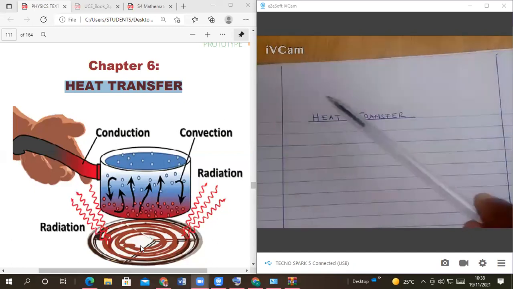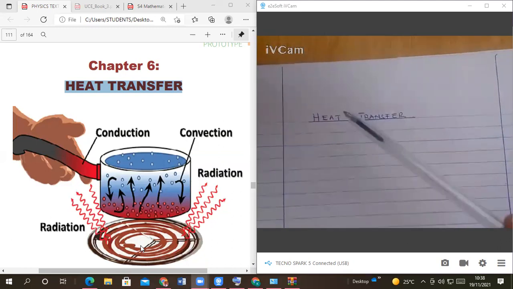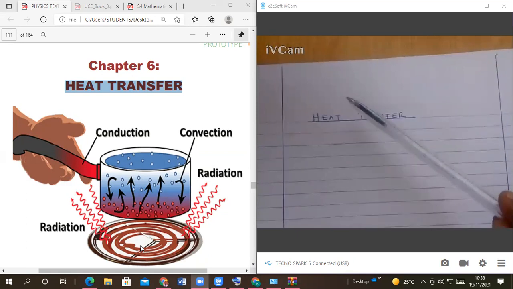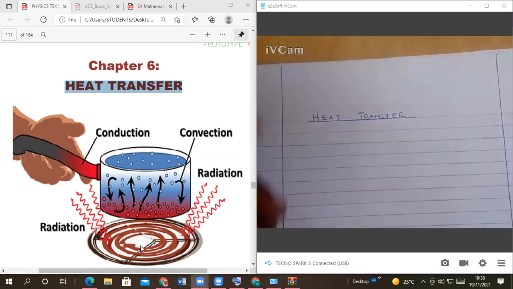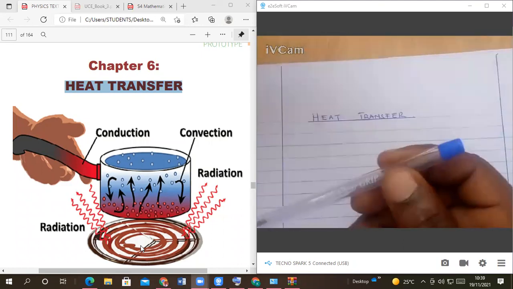Suppose it's a candle burning and you put a nail on the flame of the candle for some time, like 3 minutes, and then afterwards you remove it. And then you touch the other side where the fire was. It will be very hot, isn't it? But this other side where you're touching, it will be cold, isn't it?